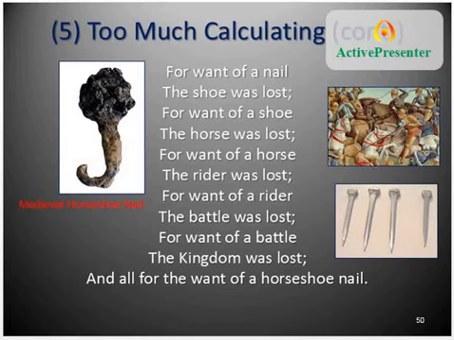For want of a nail, the shoe was lost. For want of a shoe, the horse was lost. For want of a horse, the rider was lost. For want of a rider, the battle was lost. For want of a battle, the kingdom was lost, and all for the want of a horseshoe nail. So, let's say the farrier or the blacksmith's wife was looking for a hairpin.